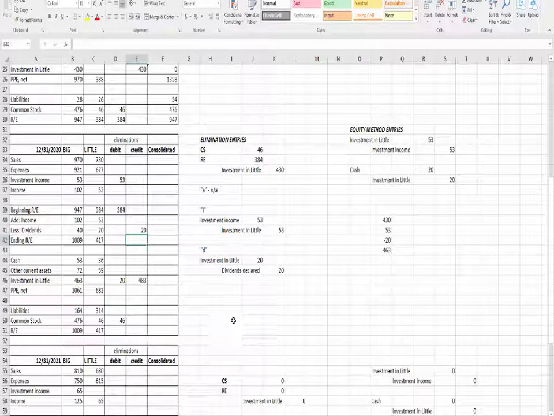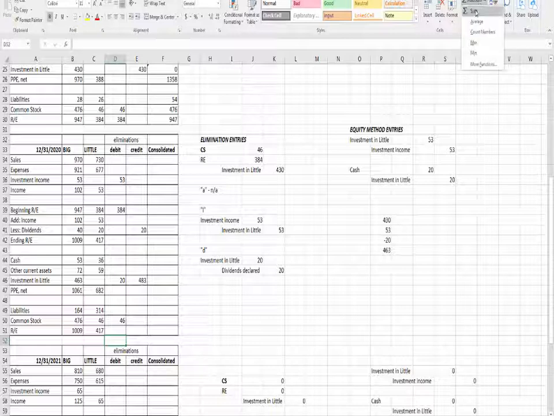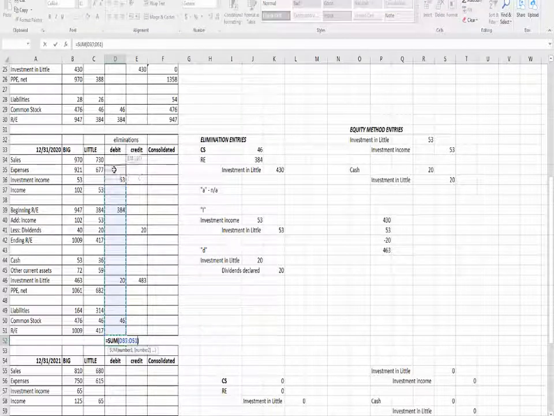Okay, now again, this is a fairly short example, just 3 entries, but just to be sure, let's go ahead and foot these adjustment columns. So I'll go to my auto sum, and I want to sum everything here. So total debits 503, total credits 503.